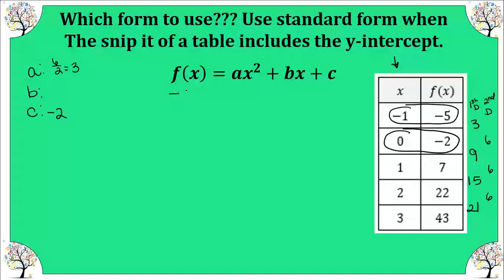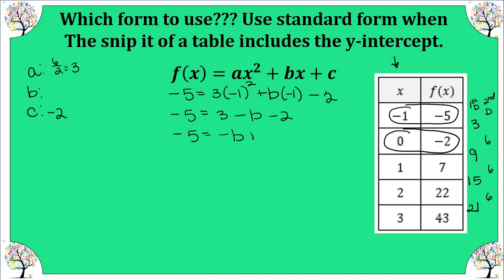So f of x is -5, our A value is 3, the x value we're using is -1, we do not know B, and our C value is -2. -1 squared is 1 times 3. B times -1 is -b minus 2. Combine like terms, -b plus 1.